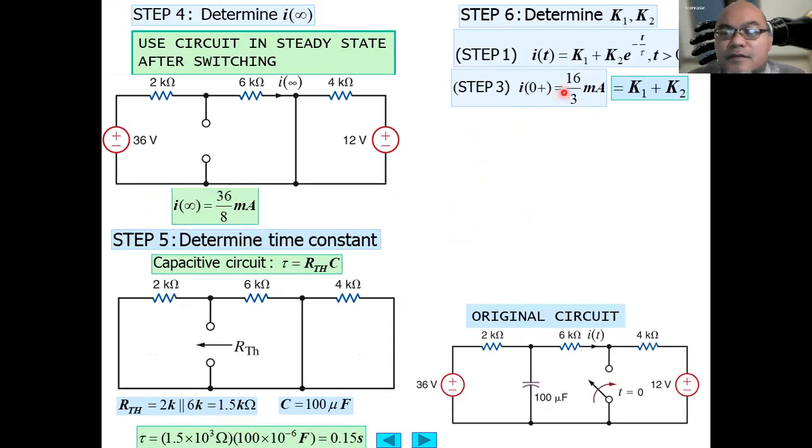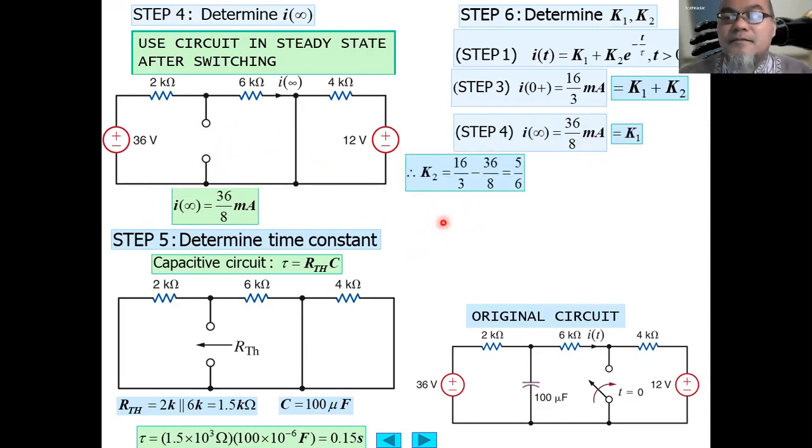And this will be equal to K1 plus K2. This is the current at 0, the initial condition, which equals K1 plus K2. The current at infinity is already calculated also here, at steady state, as time approaches infinity. We model again the capacitance as open circuit, 36/8 milliampere.